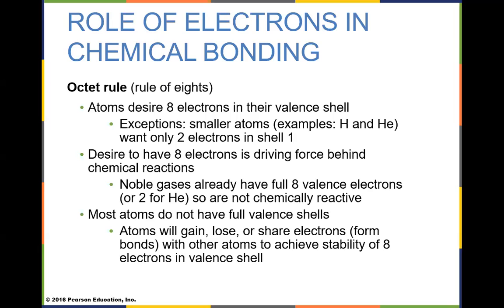You want to get 4 more electrons in that valence shell because you're not stable. You want to be stable. And you're only going to be stable if you have every space for an electron filled up. That's what atoms like. They want to have their valence shell filled.